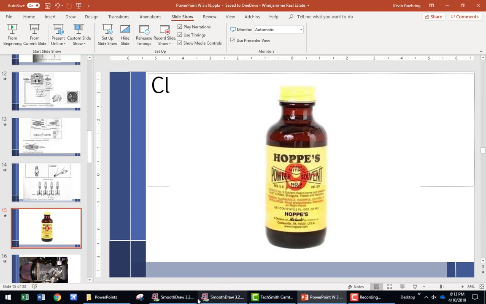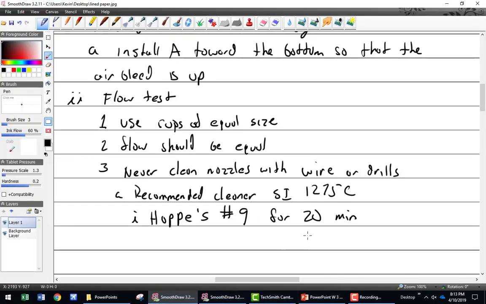What's it do? So for 20 minutes, rinse with Stoddard solvent. Hoppe's number 9 for 20 minutes. What is Stoddard solvent? Stoddard solvent is exactly what you guys have been dealing with on the carburetor bench.